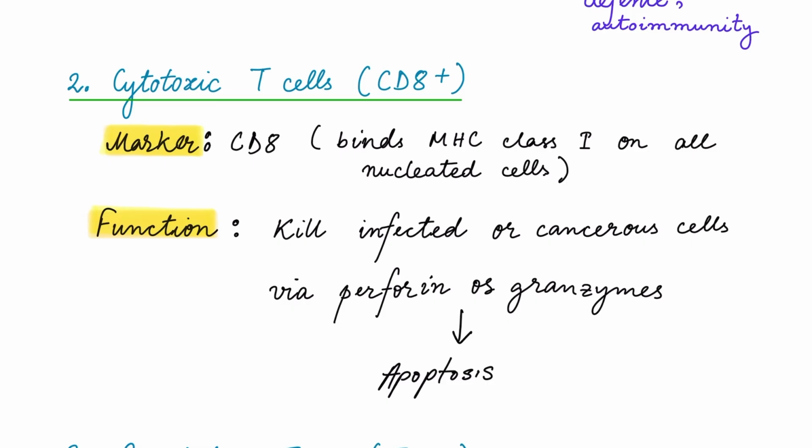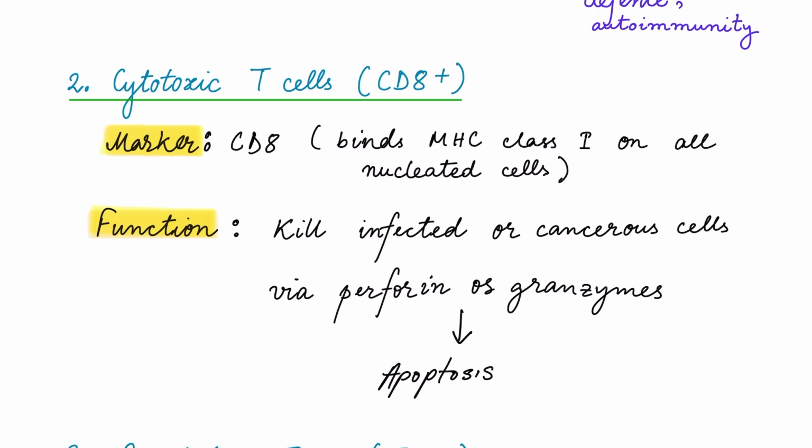We will understand this. Cytotoxic T cells, marked by the presence of CD8, recognize antigen presented by MHC class I molecules, which are found on all nucleated cells. These cells play a direct role in killing virus infected or tumor cells.